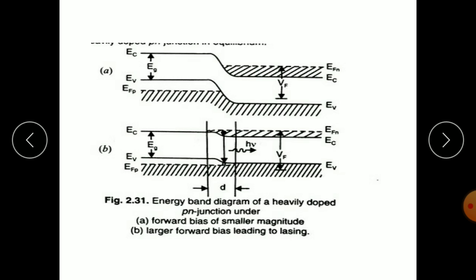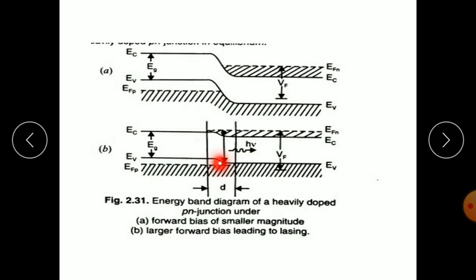Now the probability of stimulated emission occurring is very low at thermal equilibrium. This is the depletion region, if we look at the diagram.